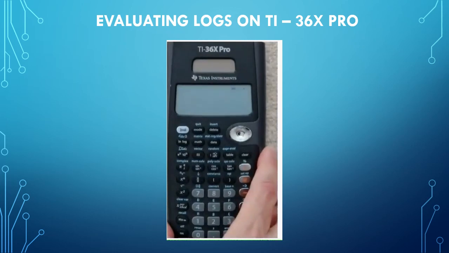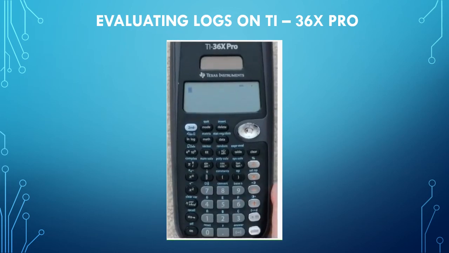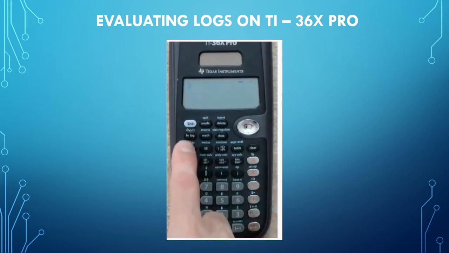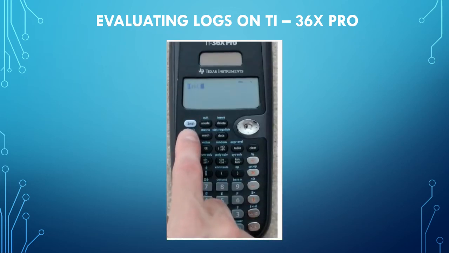So on the TI, the first one was log base 5 of 15,625. This key here only shows ln, natural log, and log base 10, which is called common log, I believe. If you hit this button once, you get natural log.